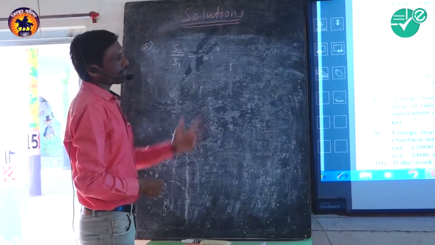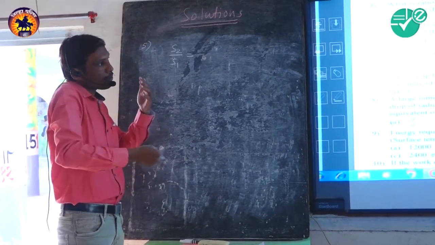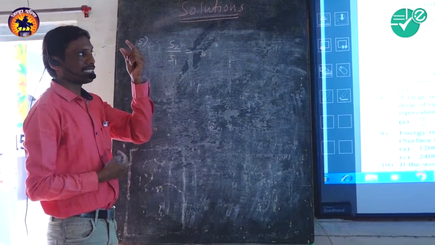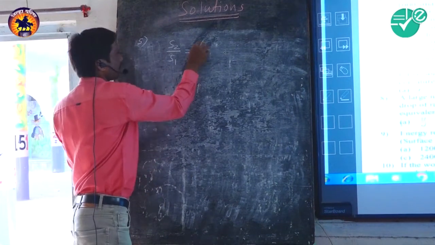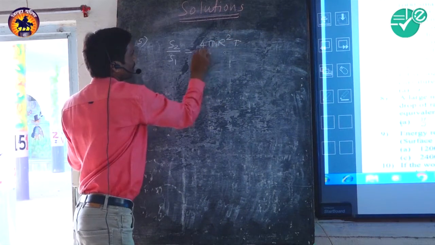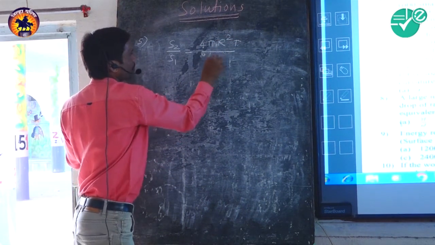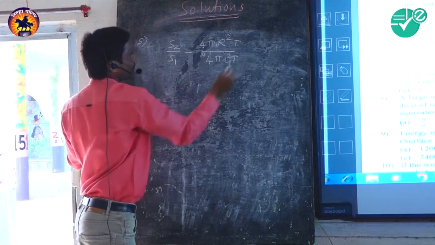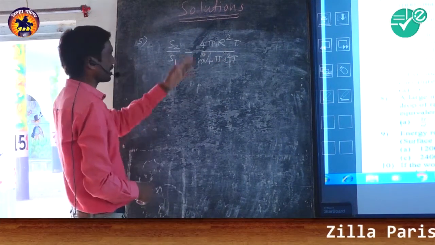There are 8000 identical water drops combined to form a big drop. The final drop is a single big drop, so its surface energy is 4 pi R square into T, and the surface energy of a single small drop is 4 pi r square into T, but there are n number of identical droplets, so we get this expression.